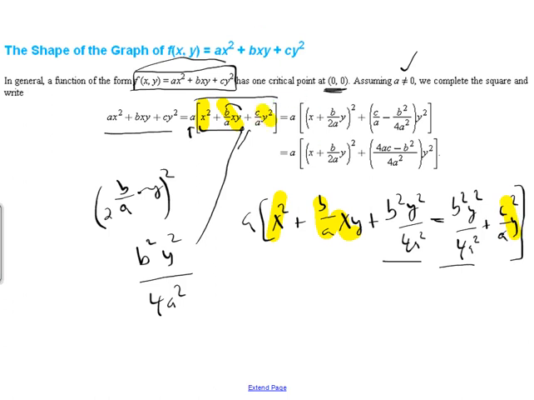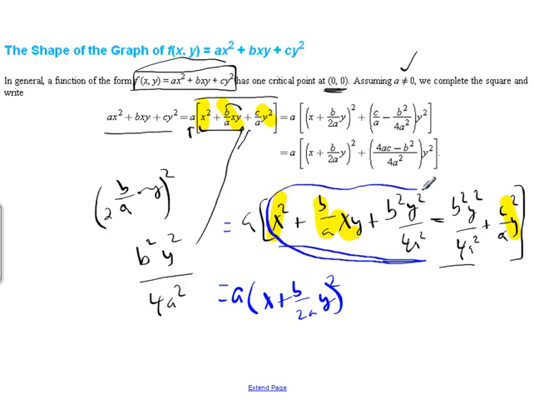But what this allows me to do by adding in the completing-the-perfect-square component is write my first term as x plus b over 2a y, squared. So I wrote this component as a perfect square. And then I'm going to factor out a y squared, and I get plus c over a, and that's coming from right here, minus b squared over 4a squared, factoring out a y squared.